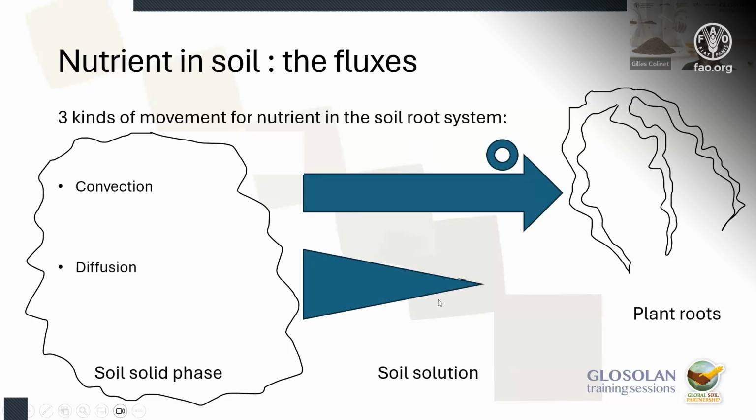It means that when you have higher concentration here and lower concentration there, the elements migrate in order to compensate this gradient of concentration. This is often the case when the roots take up the elements.